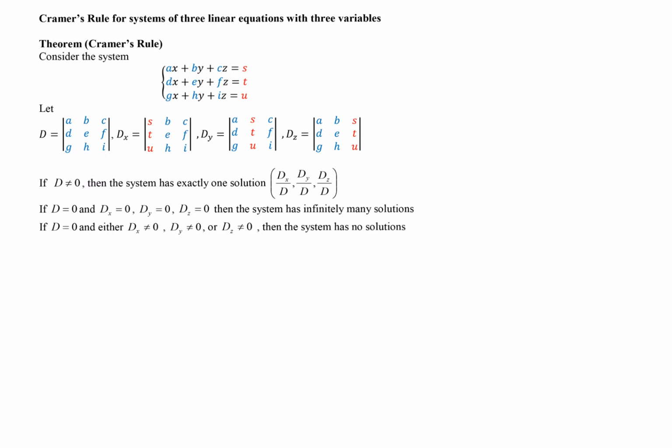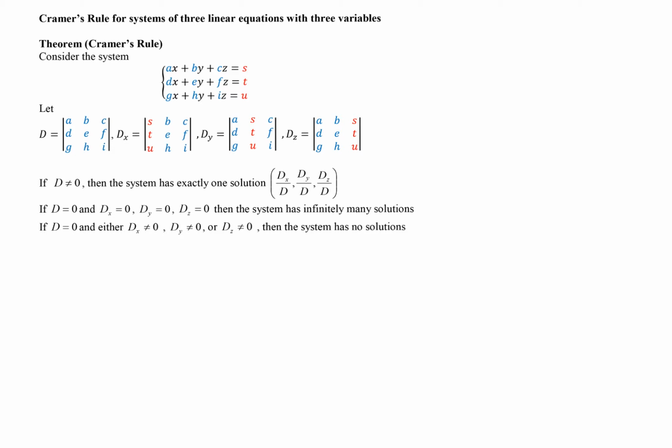The second column will contain the coefficients of the y variable, and therefore those coefficients are numbers b, e, and h. And in the third column, we list the coefficients of the variable z.